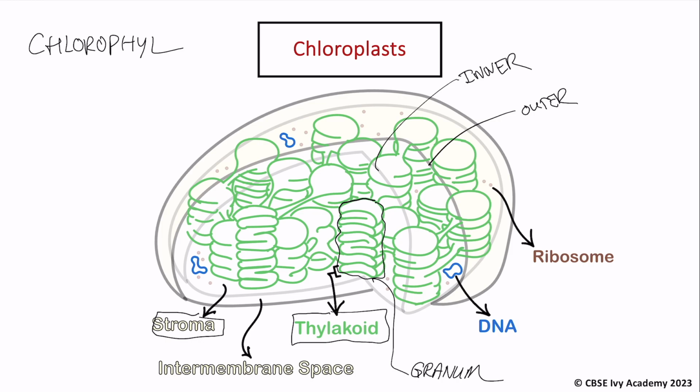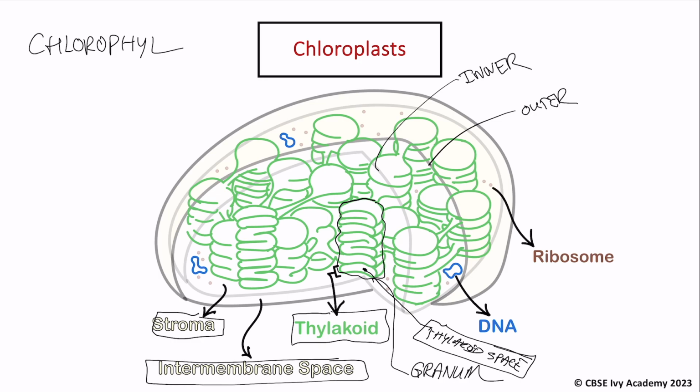And then you have the thylakoid space, which is inside the thylakoid, right here. Thylakoid space, it's just the space inside the thylakoid. So these are three spaces you should know: thylakoid space, intermembrane space, and the stroma.